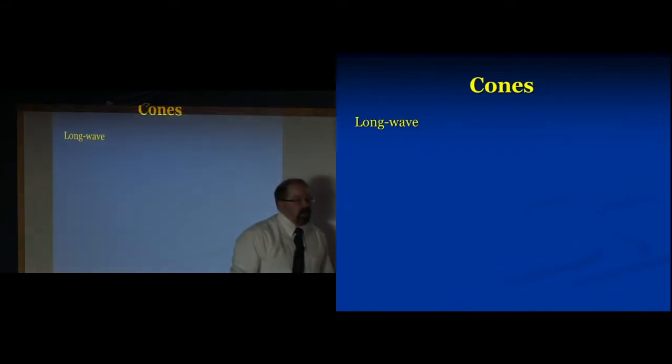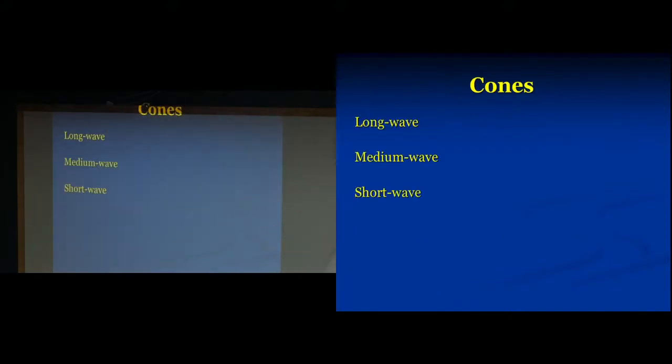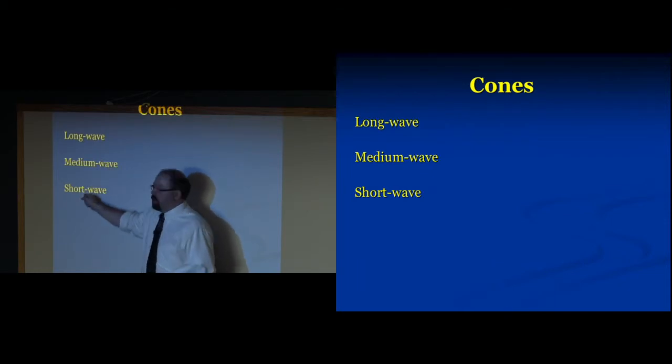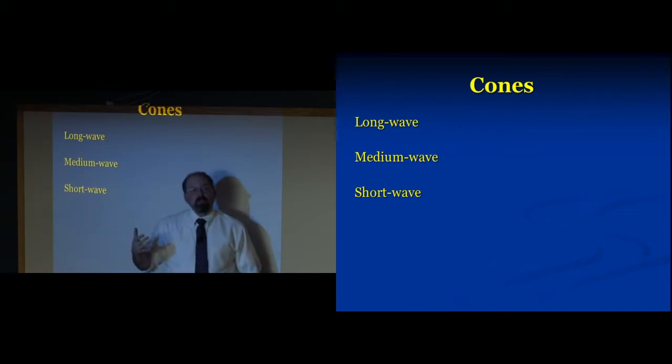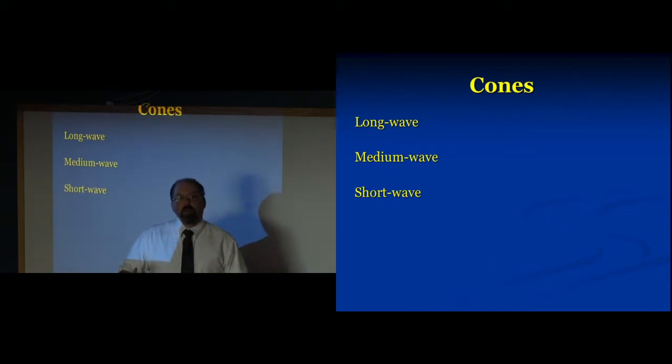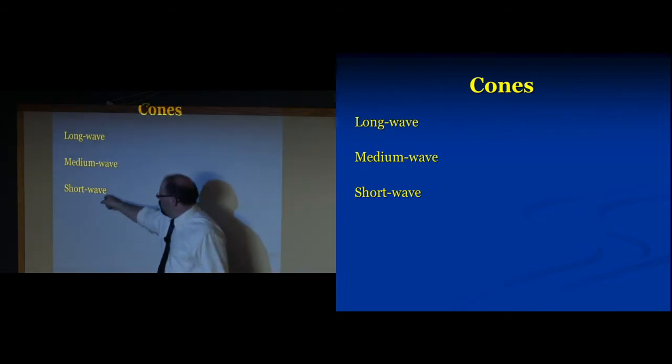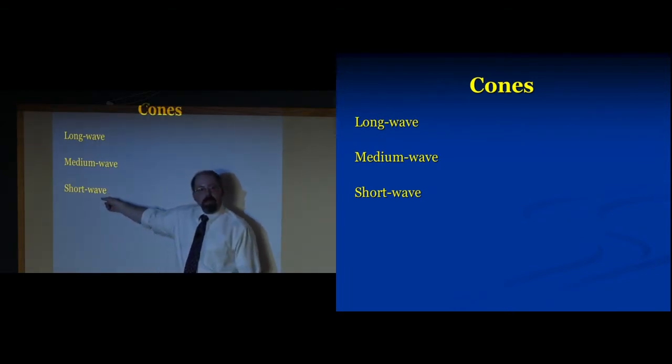Now, when we talk about cones, they used to be called red, blue, green. Now, more properly, we're going to use long, medium, and short wave. Remember, I did ask you to remember those numbers in terms of the human visual spectrum. So short wave, what wavelength are we talking about?